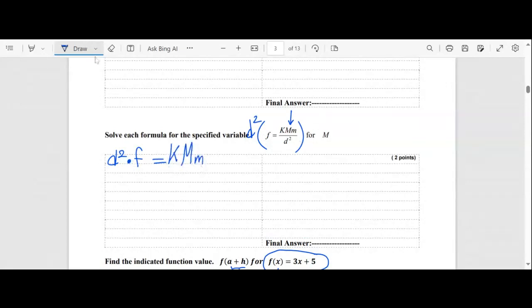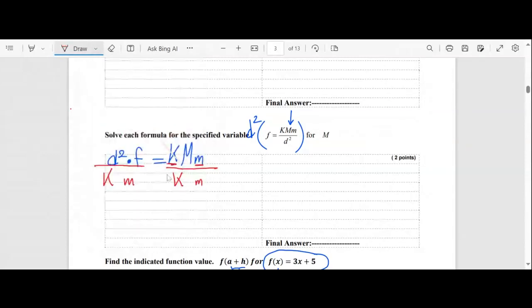Now I need to get rid of the k and the m. What should I do? Divide by k small m. If you play on one side, you have to play on the other side. So you can cancel now. Can you cancel or no?